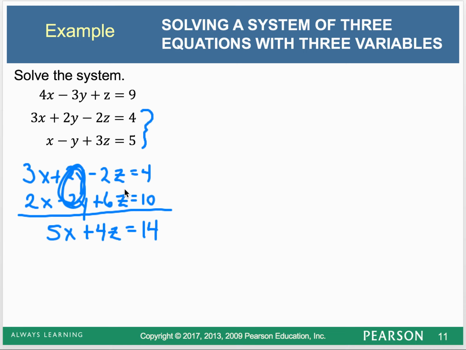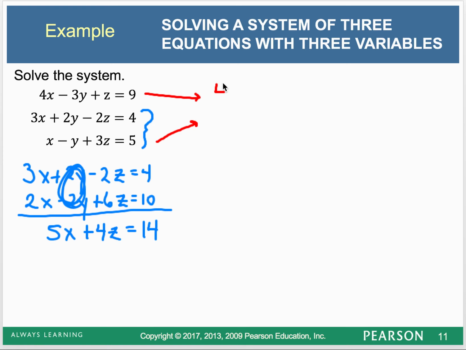Now I have to use this one, but it doesn't matter which other one I use. I'm going to use this one along with this one because it'd be easier. If I use these two, I'm going to have to multiply both of them by a number, this by 2, that by 3. But if I use this one, all I have to do is multiply this bottom equation by -3. Because they're both negative, I need to change that sign also and get the 3 in there.